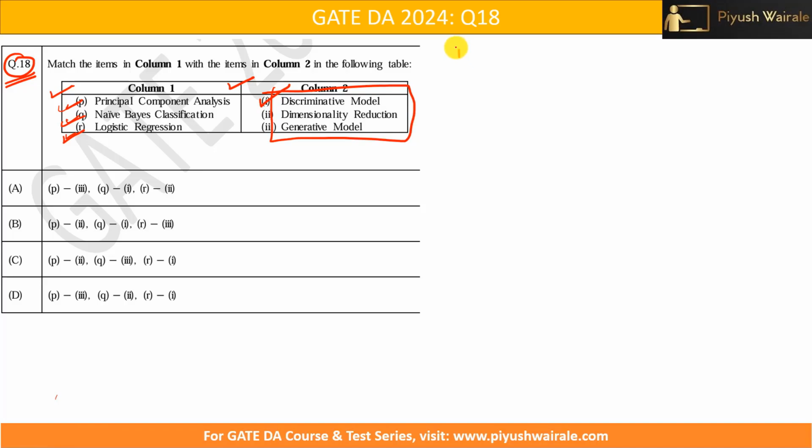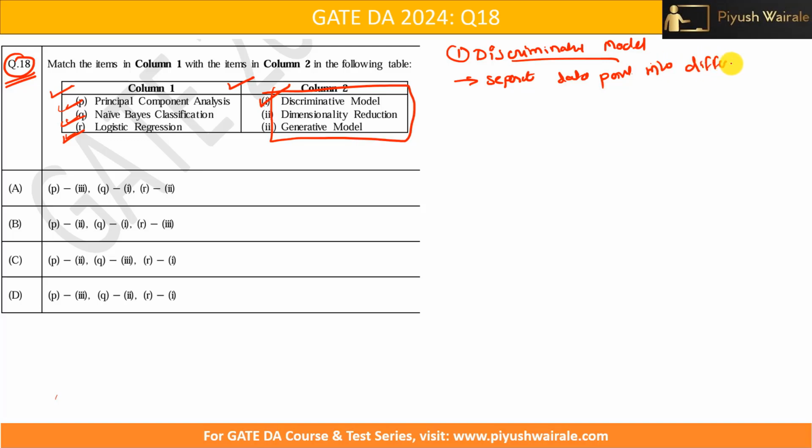So first you should know what a discriminative model is. As the name suggests, discriminative. Suppose my task is to separate data points into different classes.